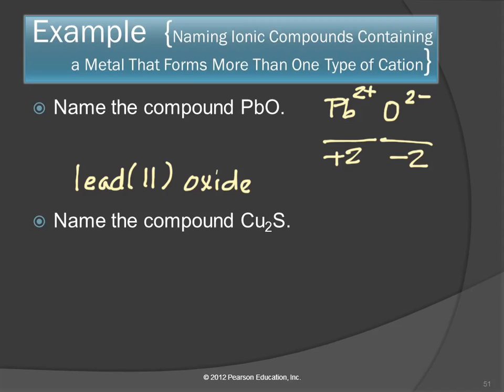How about Cu2S? Cu is copper. Is copper a metal? Yeah. You find it on the periodic table. It's to the left of the stair-step line. It's a metal. Is it in group 1A, 2A, 3A, zinc, or silver? No. So therefore it needs a Roman numeral.